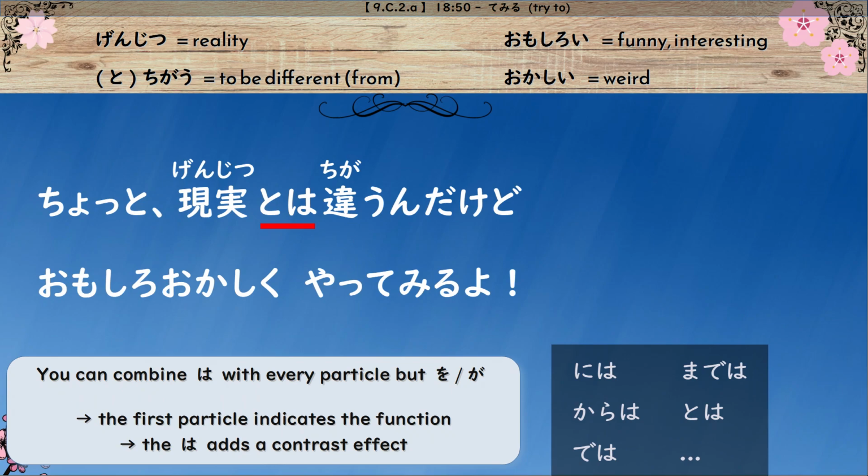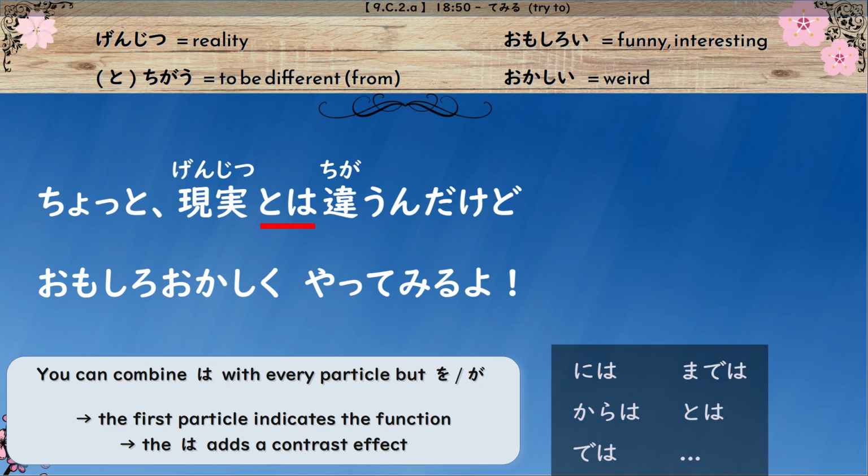But you can say to wa, kara wa, de wa, ni wa, made wa, etc. It is completely possible, and they use it very often. So when you do this, the first particle indicates the grammatical function, because it's like their job. And then the wa that you add after, okay, never before. The wa is always after, then adds a contrast effect, which is once again the job of wa. So basically, you can place wa almost everywhere. It's a very, very specific, special particle, which is not used as the other particles.